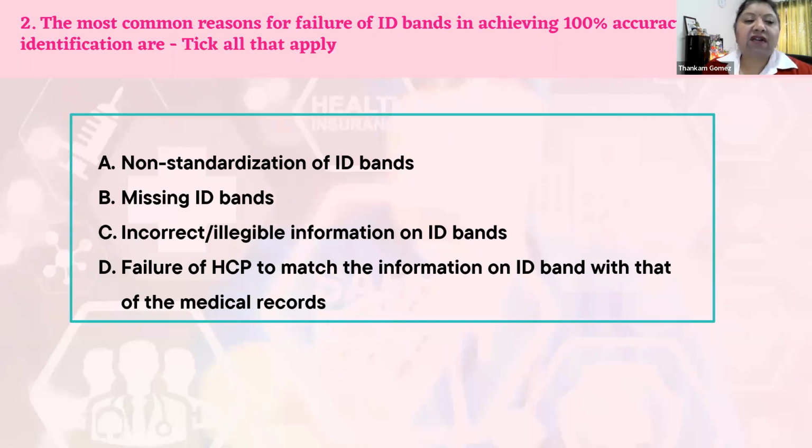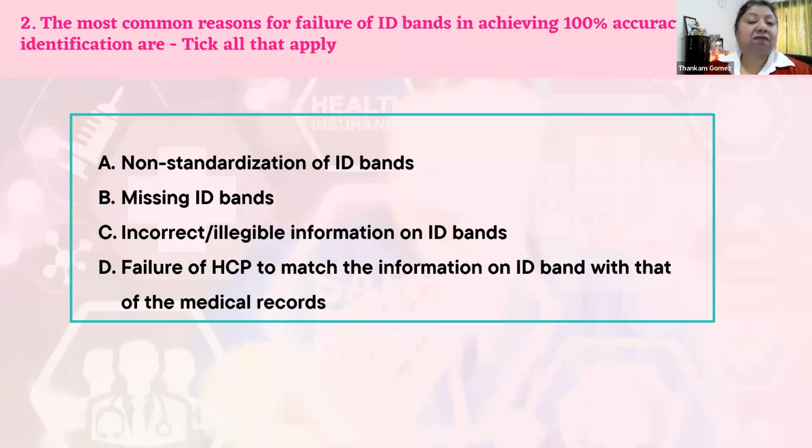Some of the Western countries are now moving forward to standardize, because when people move from hospital to hospital, they don't have to learn all over again what the ID bands in this hospital are. For the time being, in Indian hospitals, wherever you go, you will learn what kind of ID bands there are and what information is displayed on the ID band.